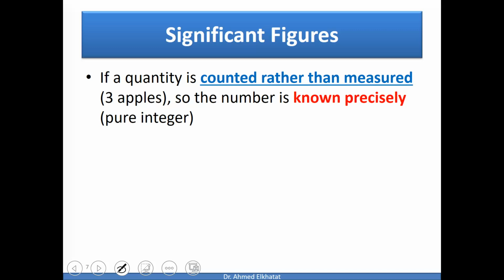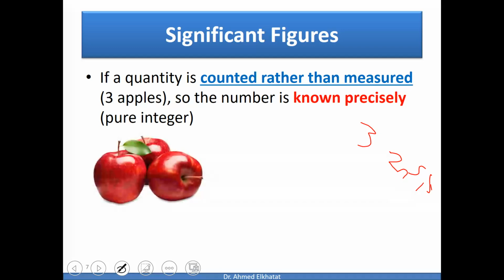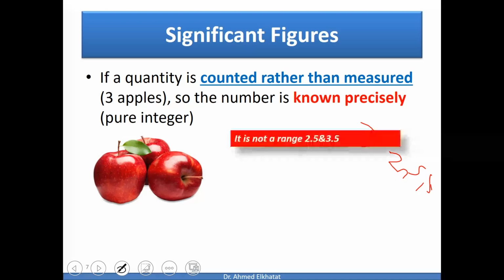So the number is known precisely because you are sure that if you have 3 apples, they are 3. You can't say they are 2.5 to 3.5. We know it's exactly 3 apples, so it's a pure integer. So how can I represent it in terms of significant figures?